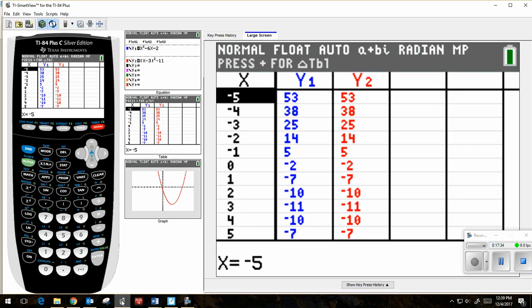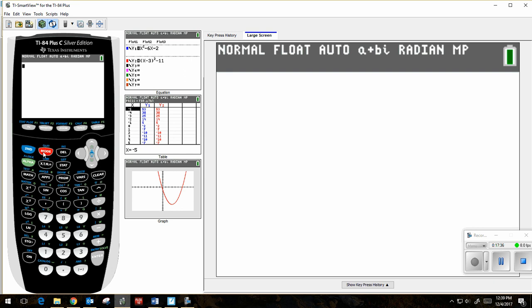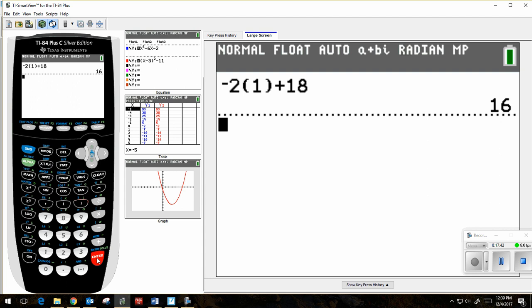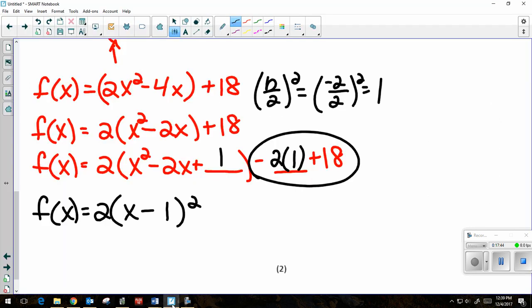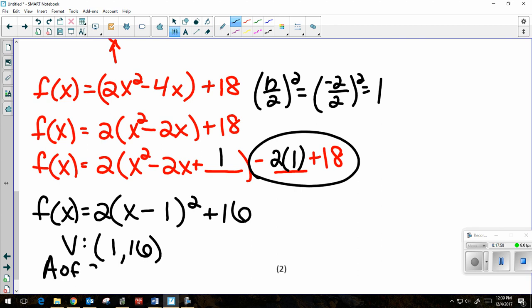If you need to, in your calculator, you can go to the home screen: negative 2 times 1 plus 18. And you're going to get 16. So this is my vertex form. My vertex, remember, is the opposite of what's inside, so a positive 1, and the same as what's outside, so a 16. And my axis of symmetry is x equals 1.